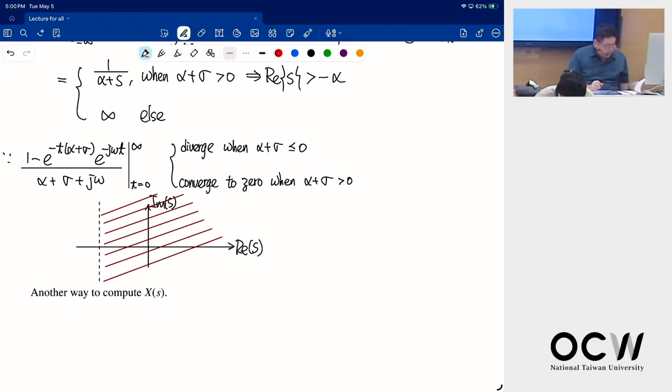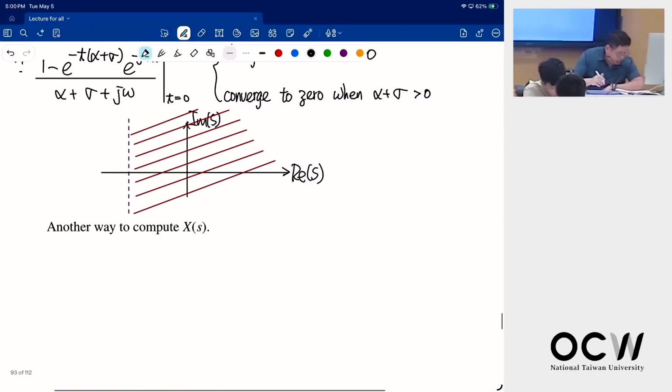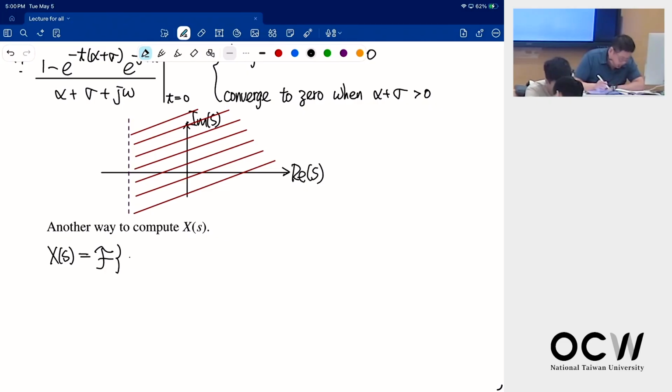Alright, another way to find the Laplace transform. We know that for the Laplace transform, actually this is the Fourier transform of your signal times e to the minus sigma t.